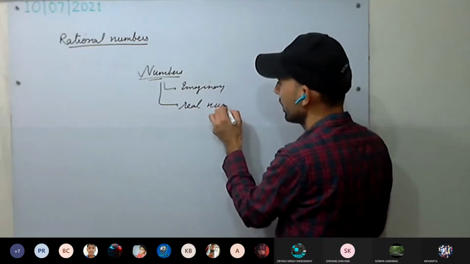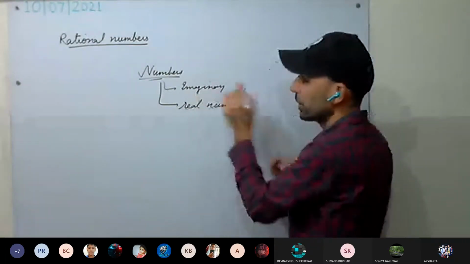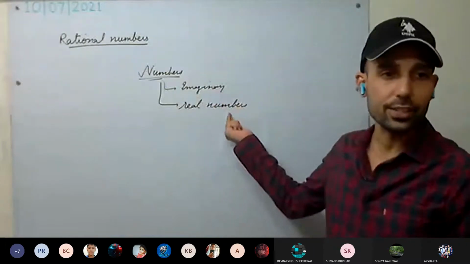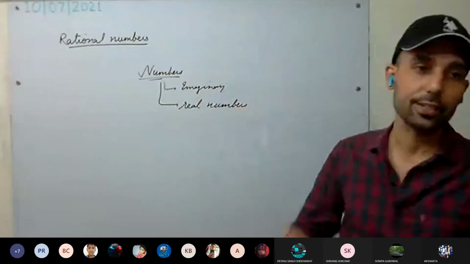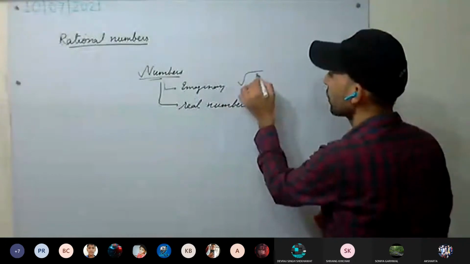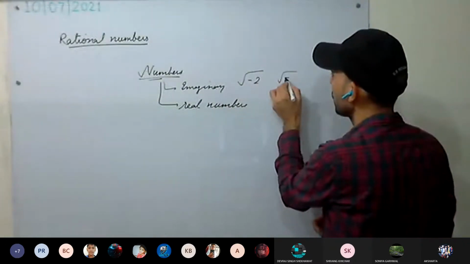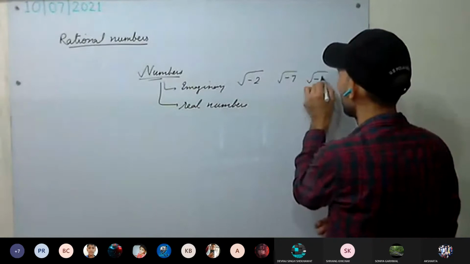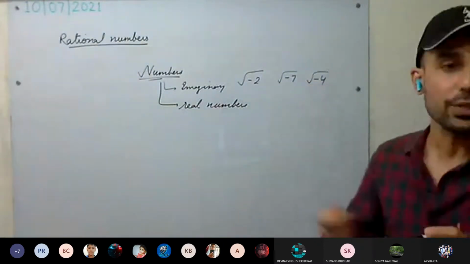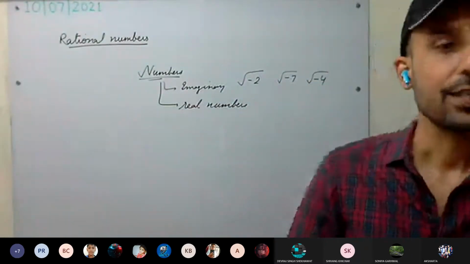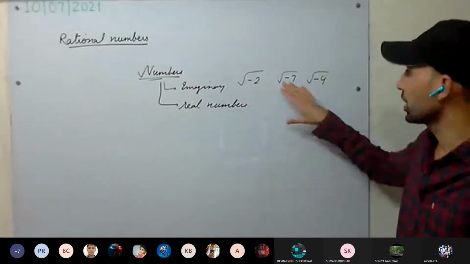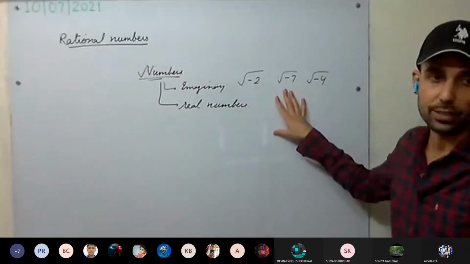The numbers which do not exist are imaginary; numbers which do exist are real numbers. For example, root of -2, root of -7, root of -4 do not exist. They are imaginary numbers. These will be used in higher classes.